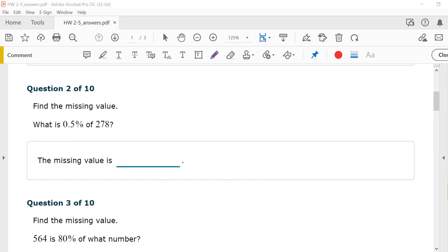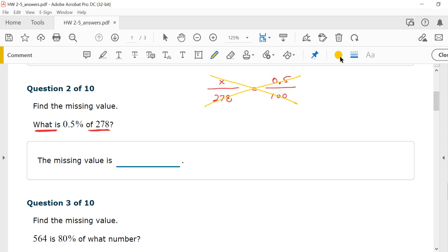Number 2 says, what is 0.5% of 278? We don't know the is part, that's going to be x. So is over of equals percent over 100.